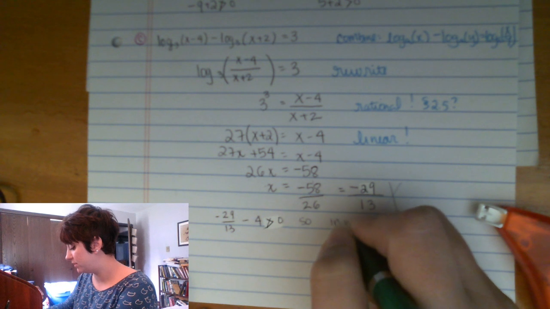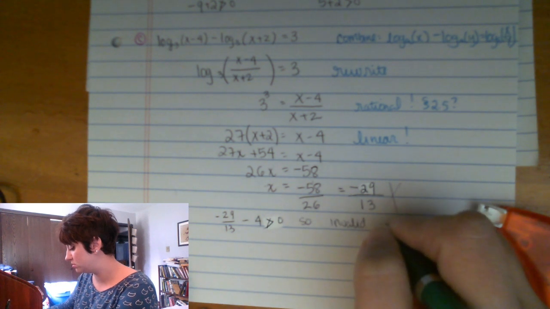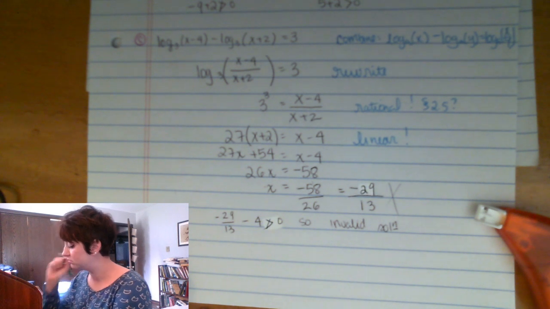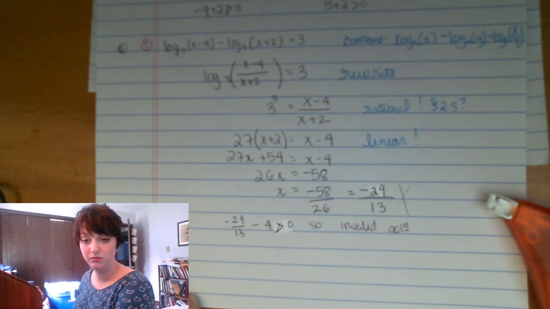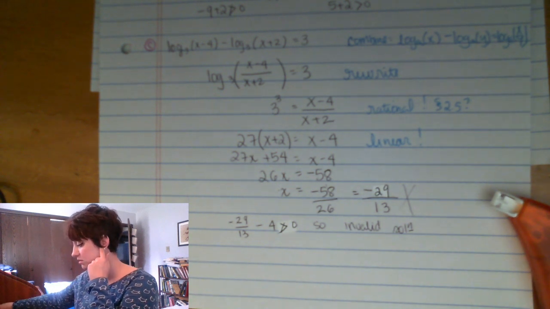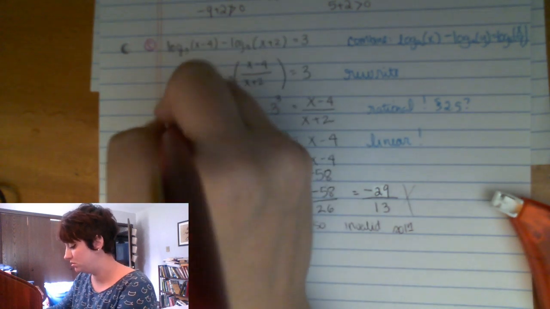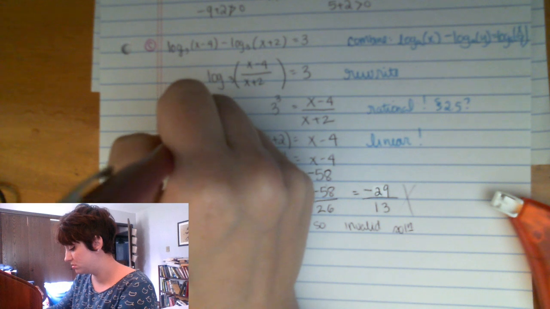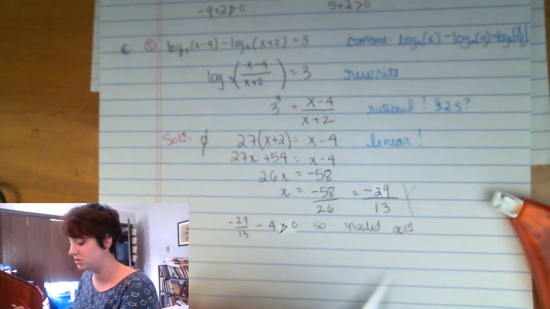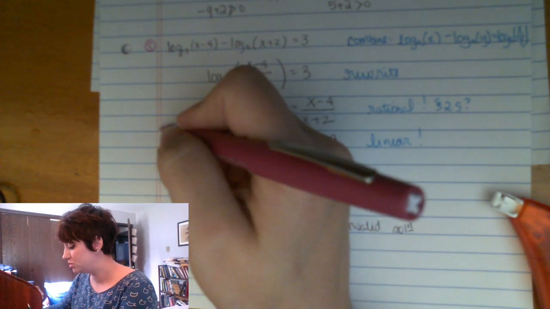So invalid solution. So I did my problem and I ended up with the only answer actually is not allowed to be substituted in. So what's my solution? My solution is that there isn't one. My answer is that there is no solution.